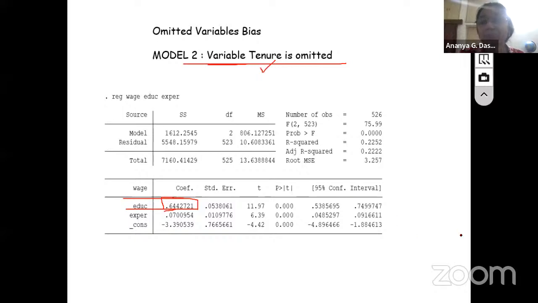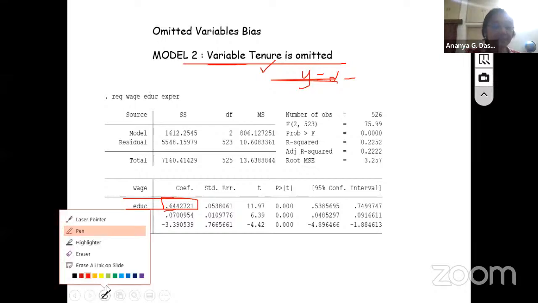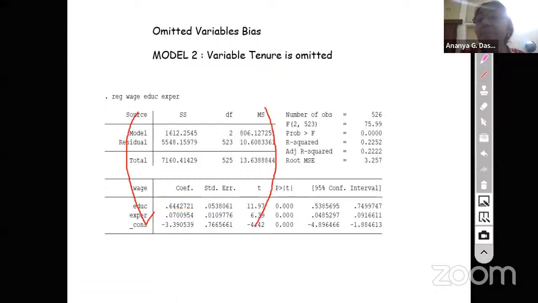So what is it that's happening? When you are ignoring certain variables which should find a place in your model, then you think your model is the following thing. You think your model is y = alpha + beta1 x1 + beta2 x2 + u.